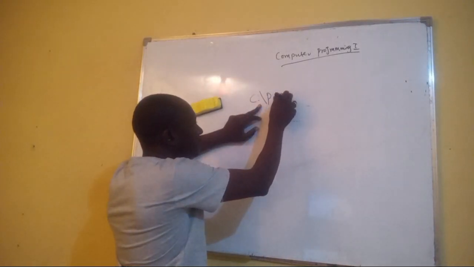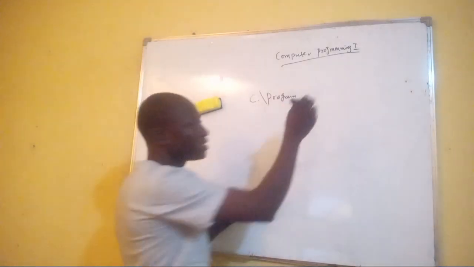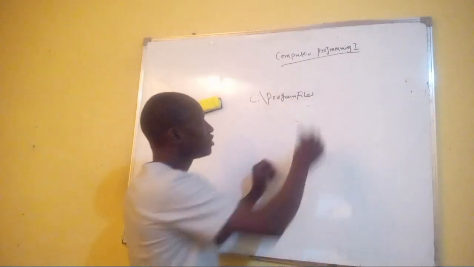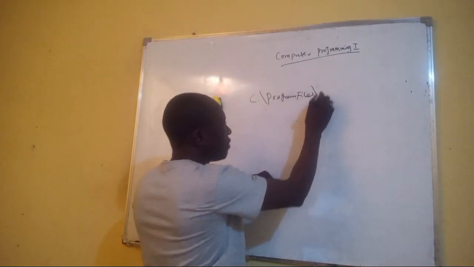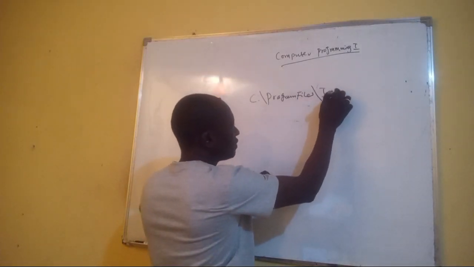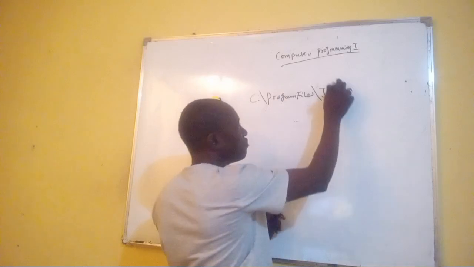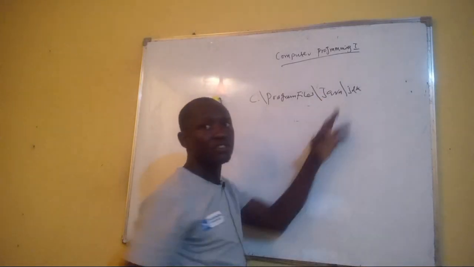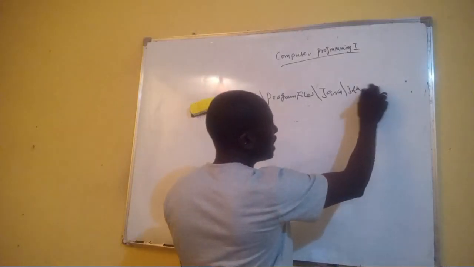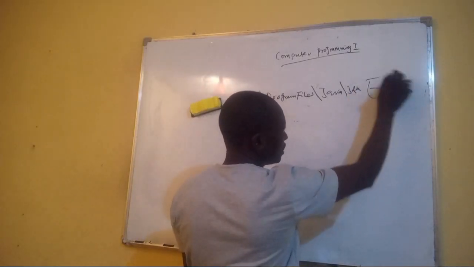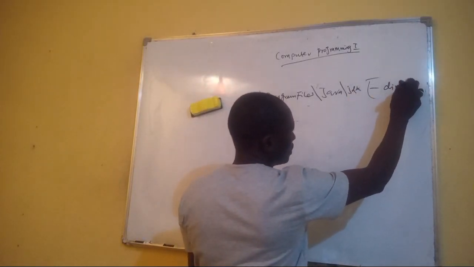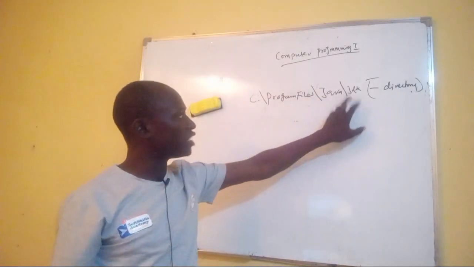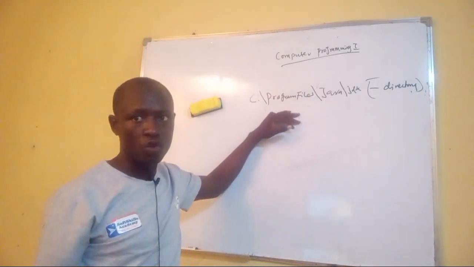You have Program Files, backward slash Java, then backward slash JDK, and this is a directory. Assuming you have installed Java into this very directory we have mentioned.